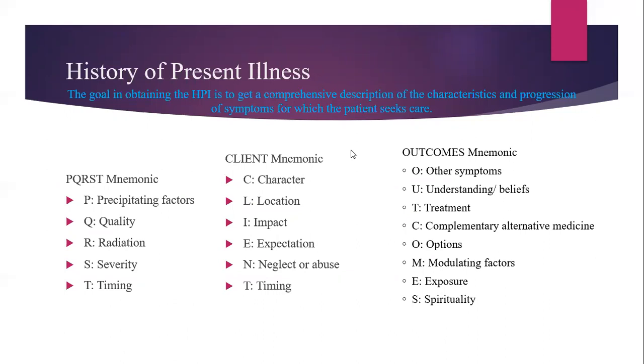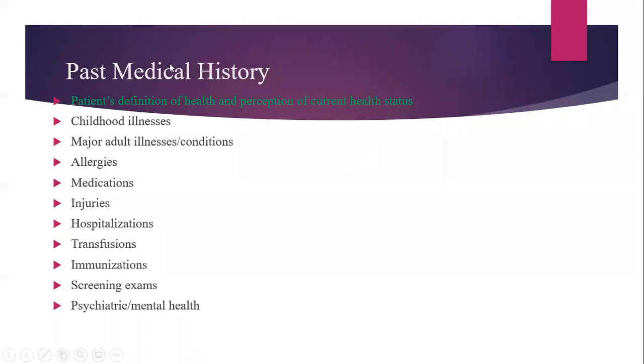And next, we're supposed to talk about the past medical history. So, past medical history: patients' definitions of health and perceptions of the current health status, the patient's past experience with illness, any kind of surgical operation, any kind of injuries and treatment.